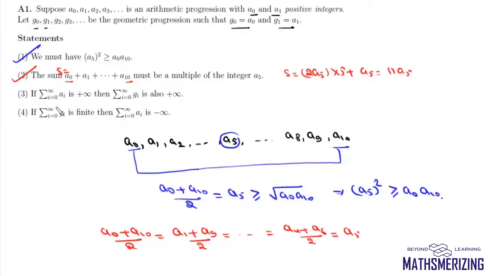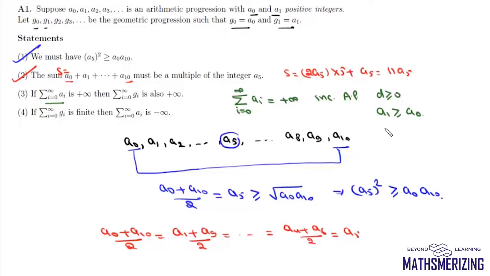Now this third one is the sum of infinite terms of this AP, that is the summation as i varies from 0 to infinity of Ai, it is plus infinity. It simply means that it is an increasing AP with common difference greater than or equal to 0. So basically A1 will be greater than or equal to A0.